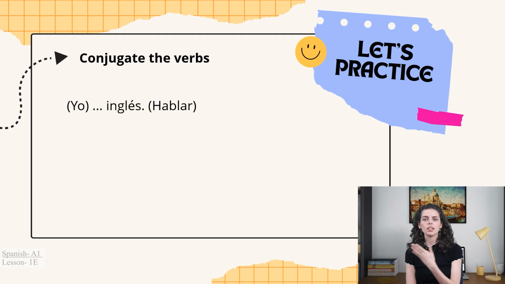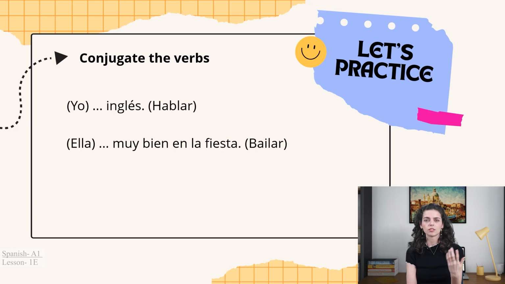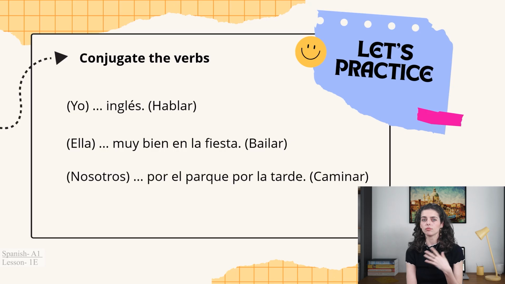Yo (blank) inglés, and the verb is hablar. Ella (blank) muy bien en la fiesta, and the verb is bailar, to dance. Nosotros (blank) por el parque por la tarde. Caminar means to walk. Again, as you can see, the subject pronouns are in brackets because the verb conjugation already indicates who we are talking about.